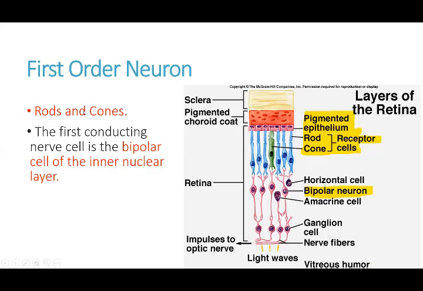The first order neurons are the rods and cones here, and they communicate via the bipolar neurons with ganglion cells. The first conducting nerve cell is the bipolar cell of the inner nuclear layer, this part. So this is still within the structure of the retina.